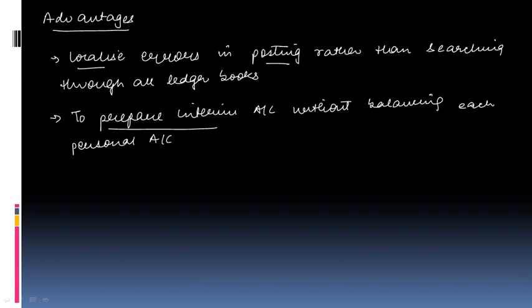I'm not required, my client will not be required to balance each and every account. No, that will not be required. I have to just go to the total debtors account, and after that I will check everything, how much the amount has been paid, how much money is pending.